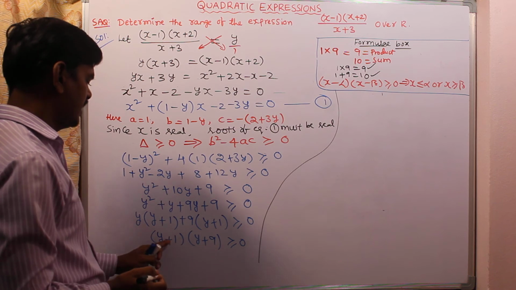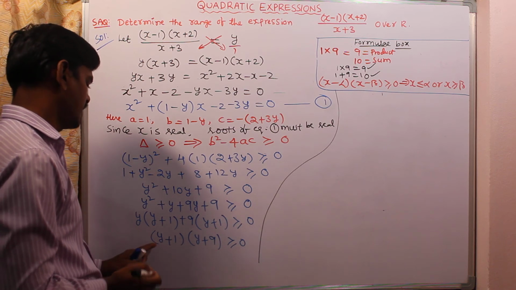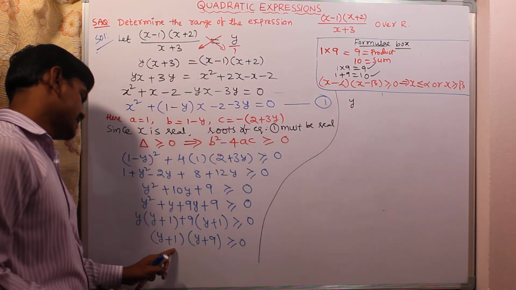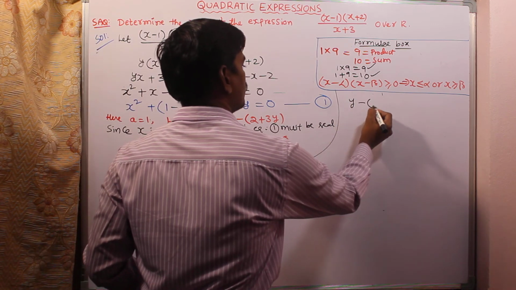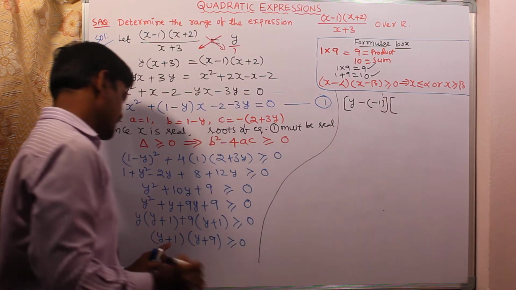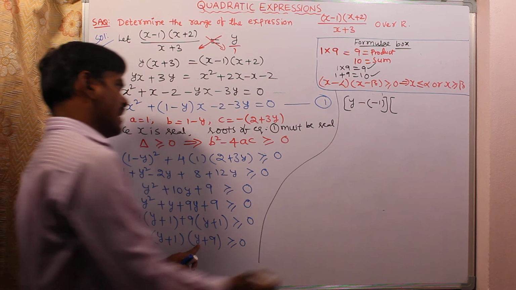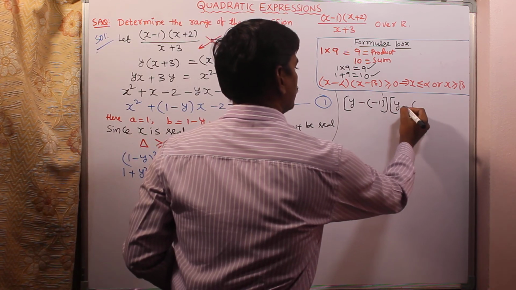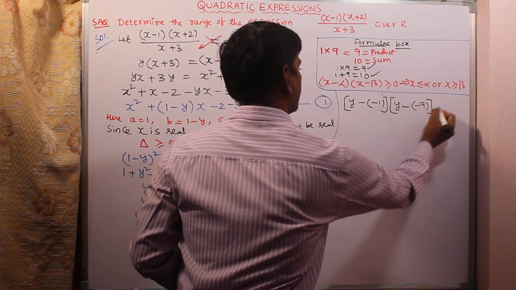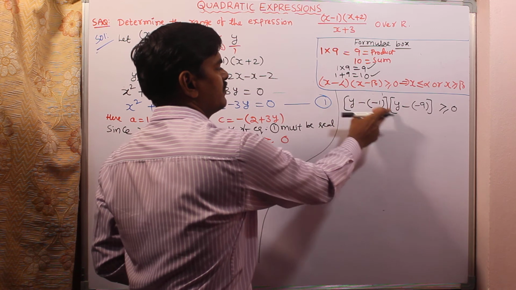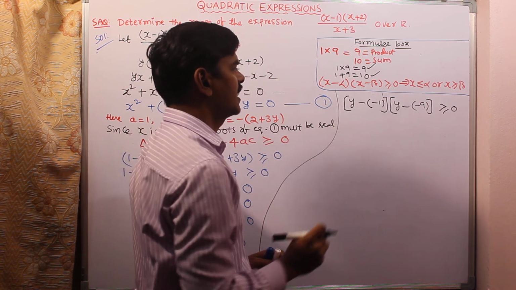How? Plus 1 can also be written as minus of minus 1, right? So let me write y as it is, and plus 1 I would like to write as minus of minus 1, for the purpose of creating a negative sign. So y as it is, plus 9 can be written as minus of minus 9, greater than or equal to 0. Now clearly it's in the form of (x minus alpha) into (x minus beta) greater than or equal to 0.